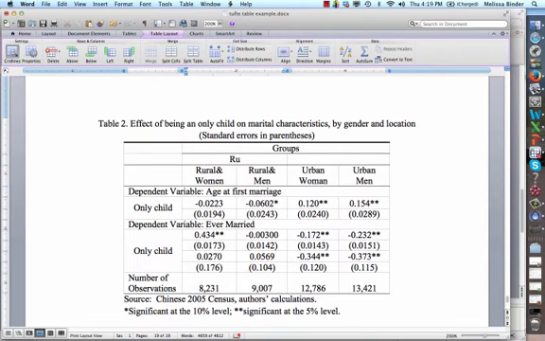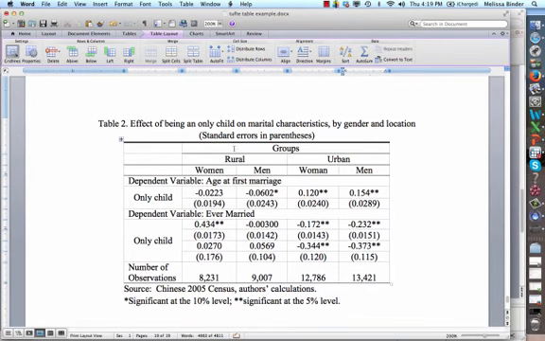So I'm just going to put rural up here and urban up here, and you're going to see that this is going to clean it up. Get rid of that. Okay, so wherever we can, I have to repeat women and men because once I group them, I'm going to have to do that. But that's really going to clean that up.